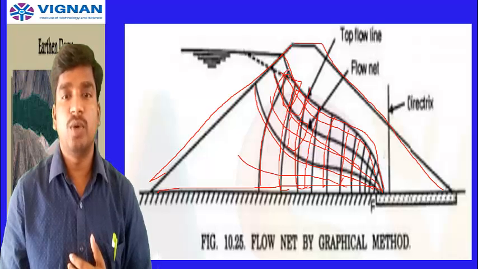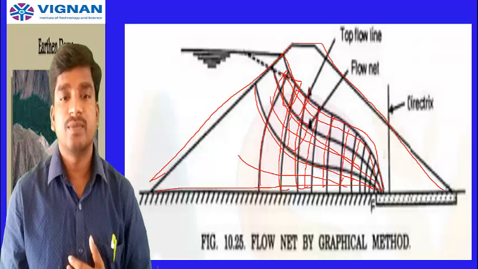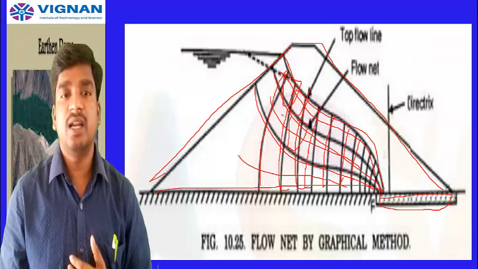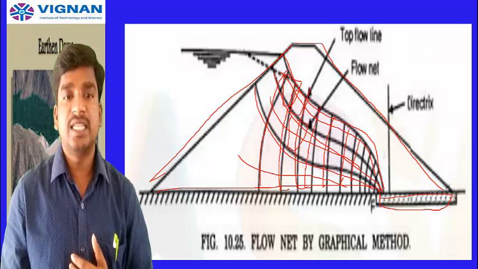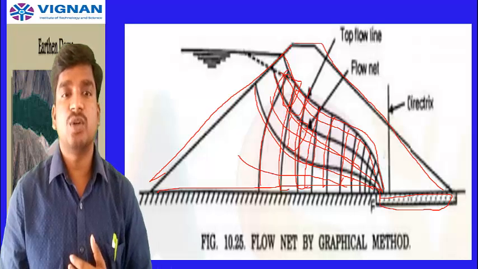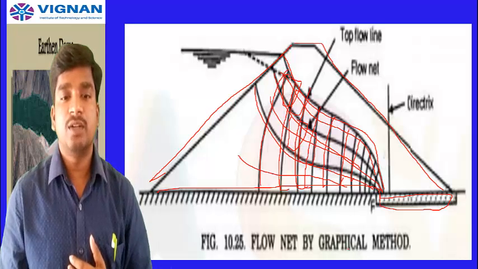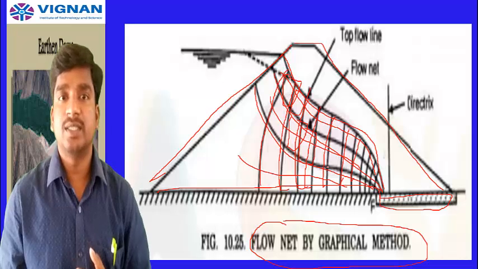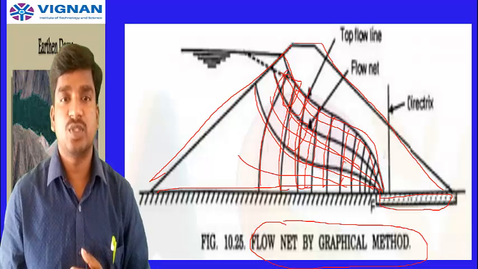So this is your flow net completely. Gradual decreasing is there, and perfect squares are there, so the decreasing is the same. This is the symbolic picture of your flow net by the graphical method. So like this you have to draw the flow net in order to analyze the seepage.